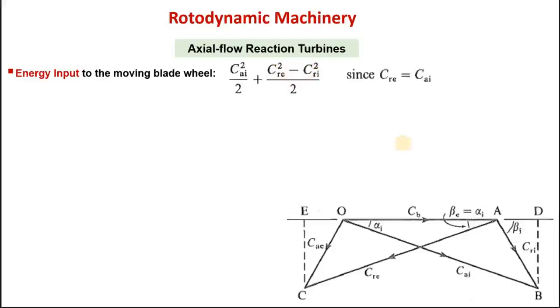Now, for 50% reaction turbine, we also know CRE is equal to CAI. So here you can replace CRE with CAI. So energy input is CAI square minus CRI square by 2, by putting CRE equal to CAI in this equation.